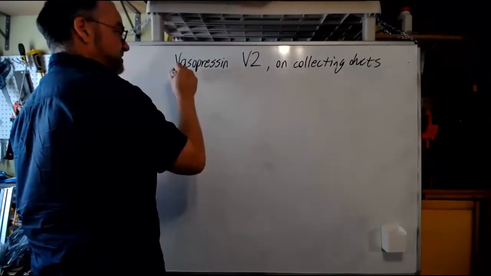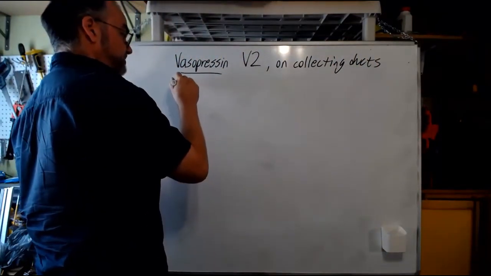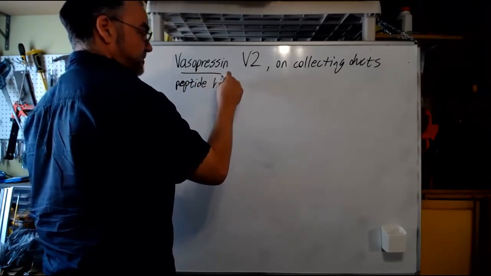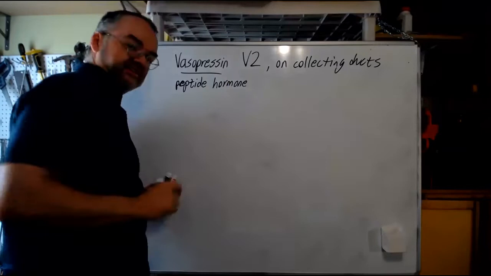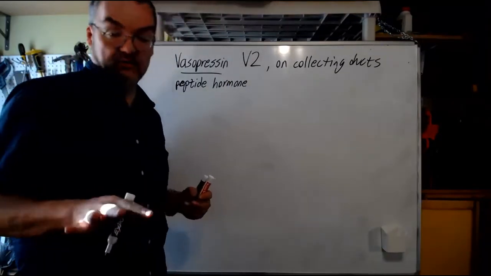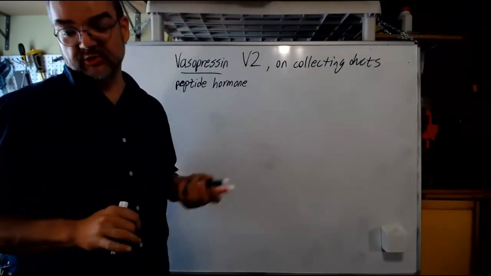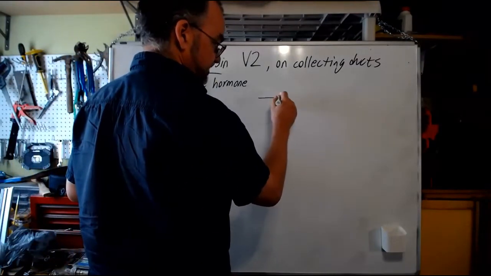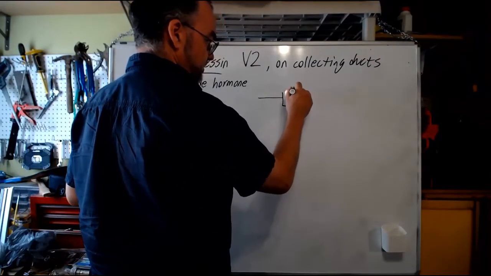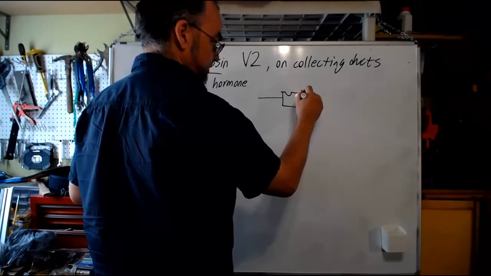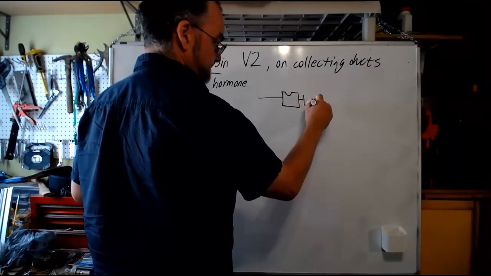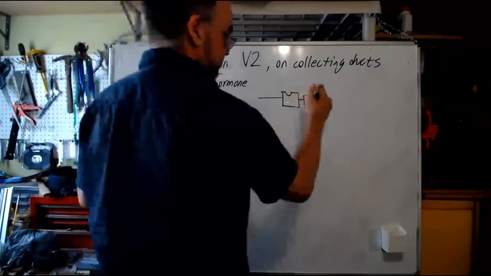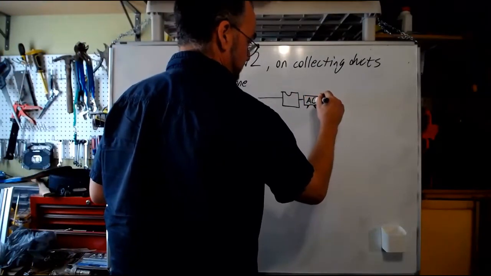Vasopressin is a peptide hormone, meaning it is hydrophilic and does not cross cell membranes, so this is going to have a cell surface receptor. In this particular case, the V2 is a G protein coupled receptor linked to an adenylyl cyclase.